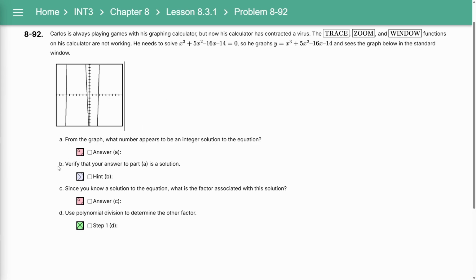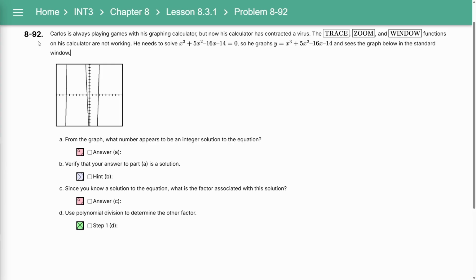The second part asks us to verify that our answer to part A is a solution. How do we do this? We need to plug that x value of -7 into this function, and if we do, because it is an intersection on the x-axis, the result should be 0.